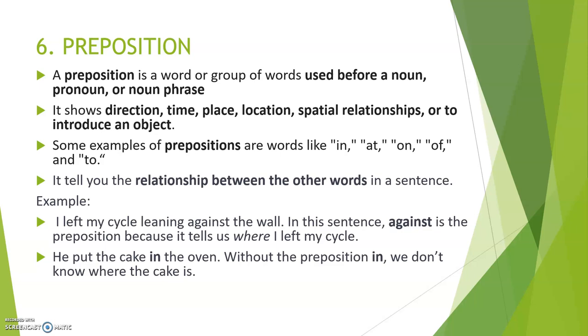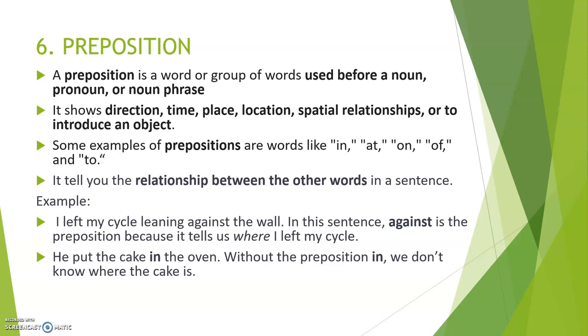Let's look at the example to get a clear idea of what a preposition is. I left my cycle leaning against the wall. In this sentence, against is the preposition because it clearly tells us where I left my cycle. The next example is, he put the cake in the oven.